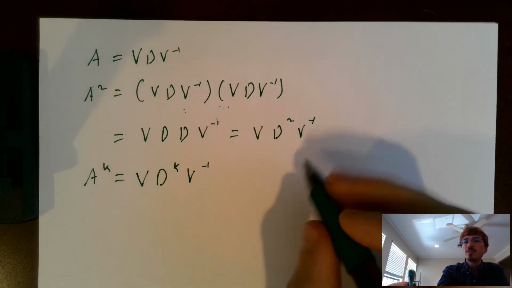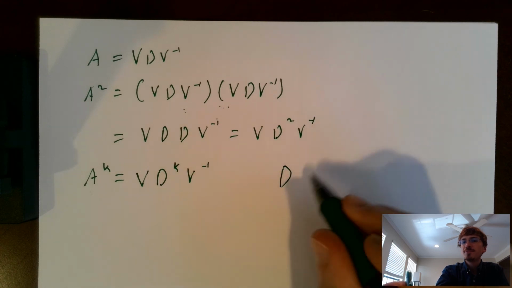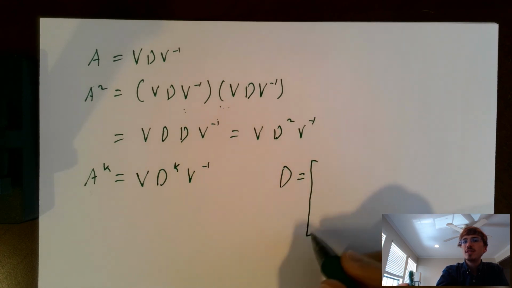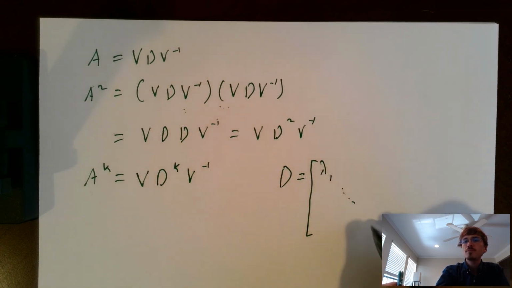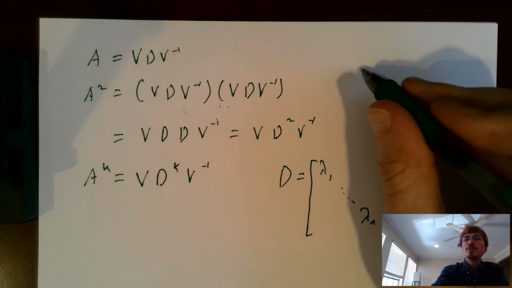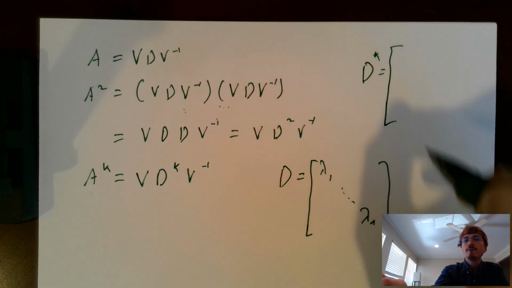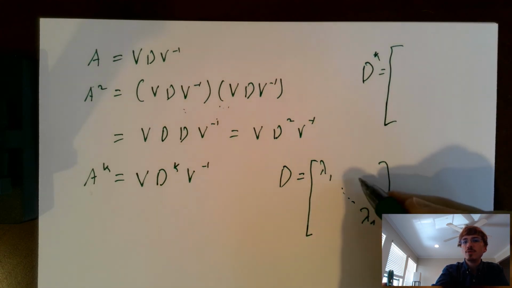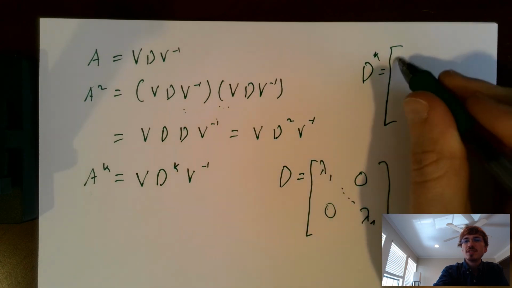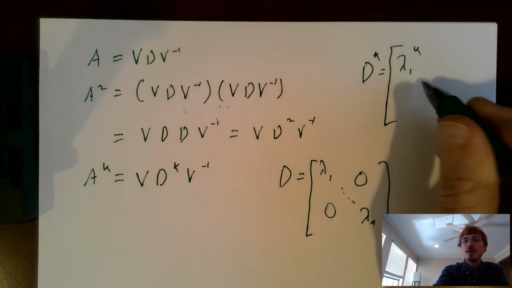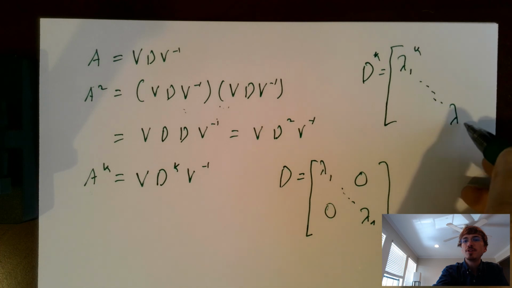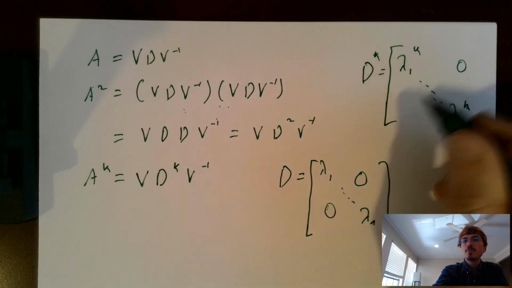And let's just make sure that we're okay with that. If our matrix D is lambda 1 through lambda n along the diagonal and zeros elsewhere, what is D to the K? It's just the diagonal entries raised to the kth power. And that's super easy to exponentiate.